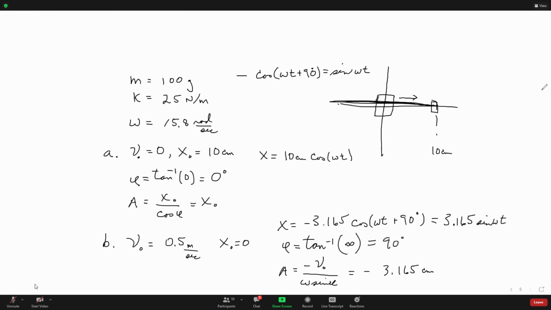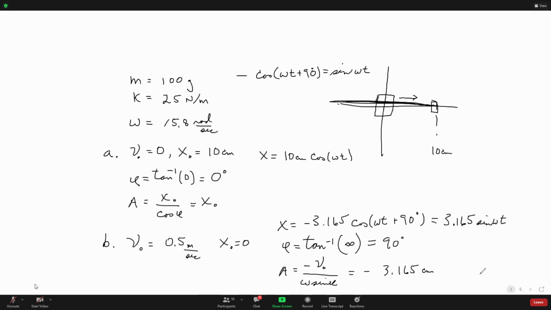Let's look at energy in simple harmonic motion. Well, first of all, does anyone have any questions about anything we've done? Now, the potential energy, U, for the oscillator, is going to be 1/2 kx squared.